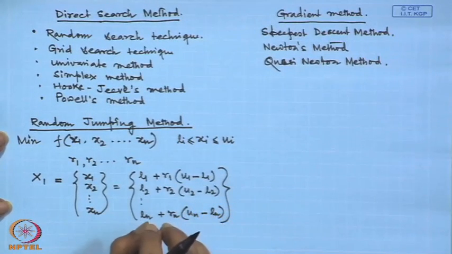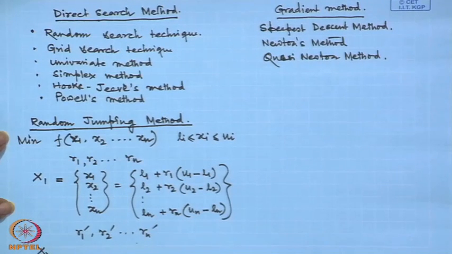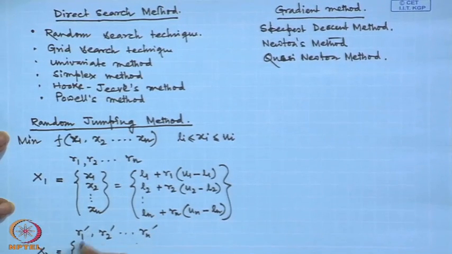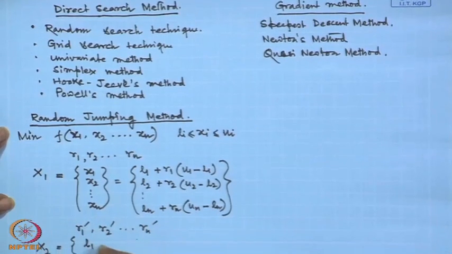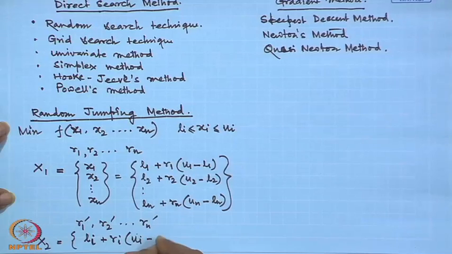After that, we will take another set of random numbers, say R1 prime, R2 prime to Rn prime. Again, we will go for x2. How will we go for x2? We will consider a set of numbers Li plus Ri into Ui minus Li, with Ri prime.